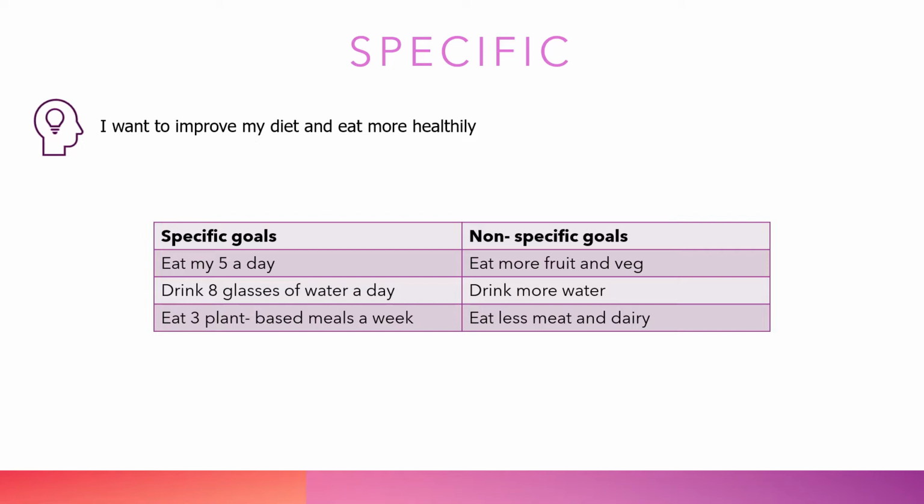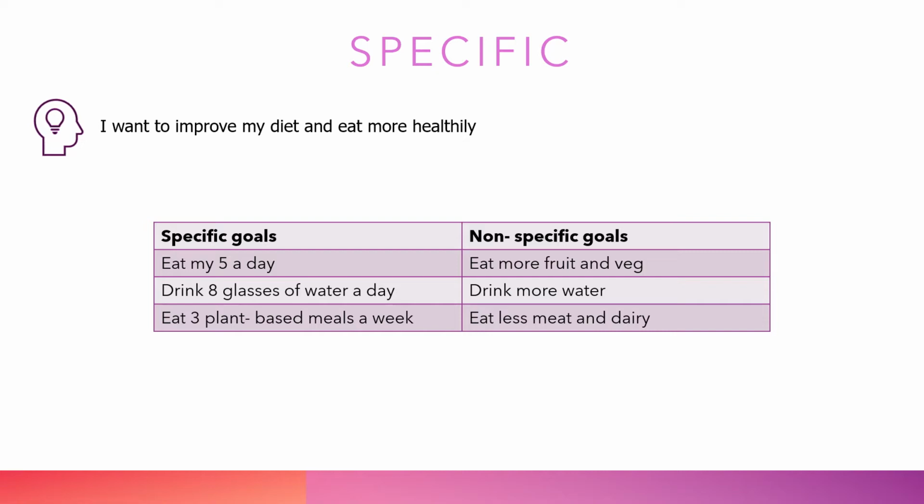Whereas with our specific goals, we're putting a number on that. We're saying I'm going to eat my 5 a day, drink my 8 glasses of water a day, or eat my 3 plant-based meals a week. So these are good examples of a specific goal. Obviously, I would suggest that you pick one goal at a time if you're going to have a go at SMART goal setting.